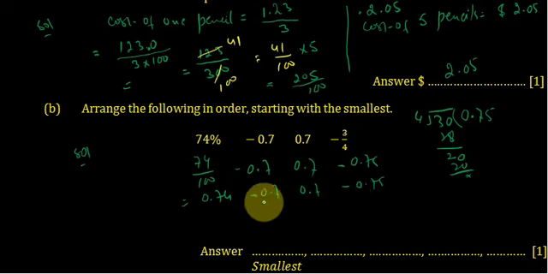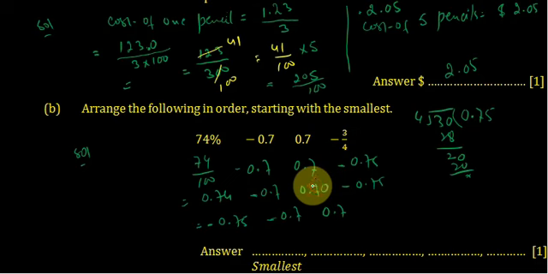Now the smallest is minus 0.75, and then minus 0.7. After this comes 0.7, actually 0.70. At the end we can put 0 after the decimal, so it doesn't make any difference to the number.